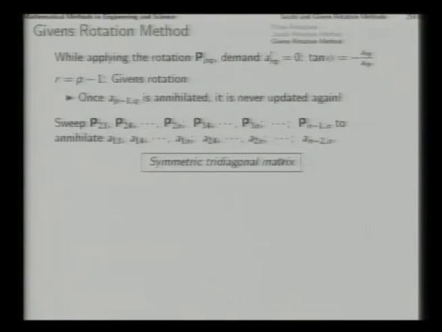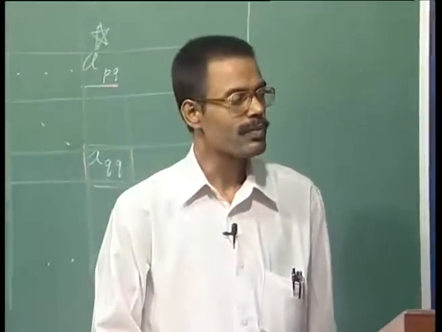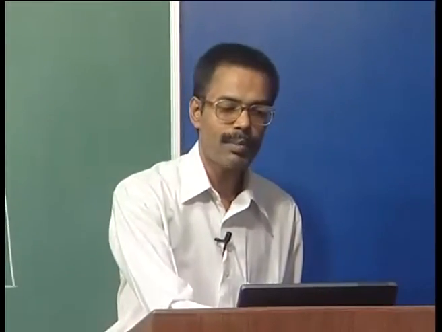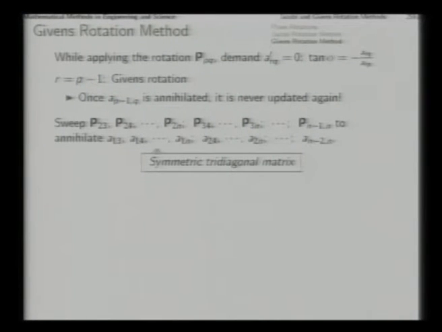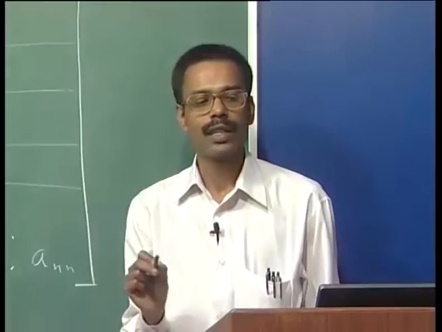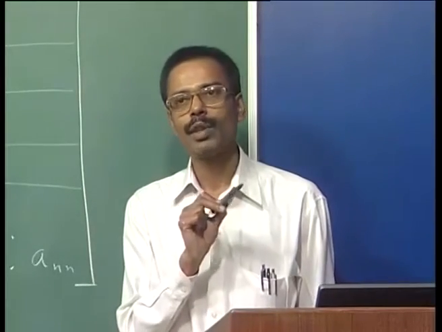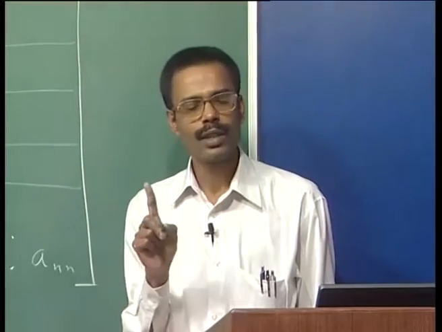And this Given's rotation sweep has to be applied only once, and after transforming the matrix into this form, no further Given's rotation will contribute anything. That is why the Given's rotation sweep is applied only once, not in iterations.